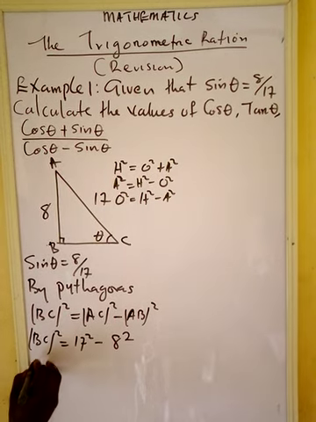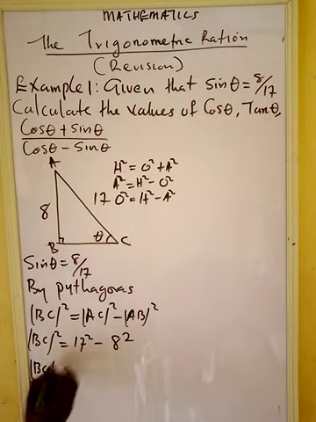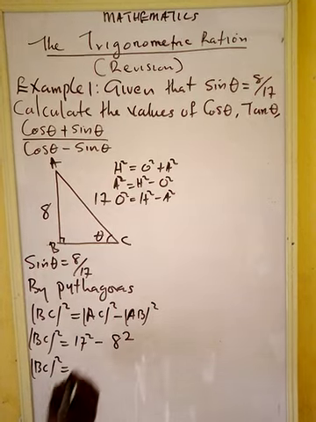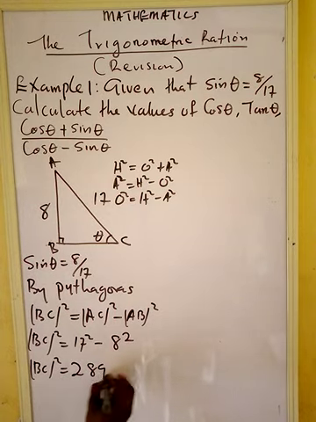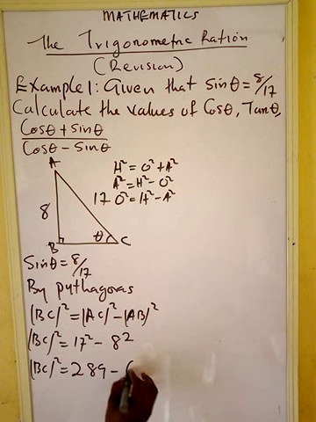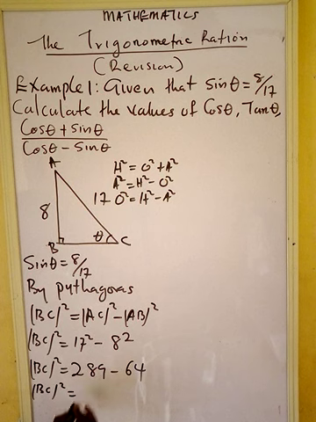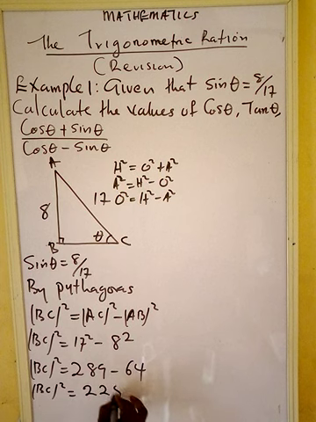So BC squared equals 17 squared, which gives us 289, minus 8 squared, which gives us 64. When you subtract 289 minus 64, it gives us 225.